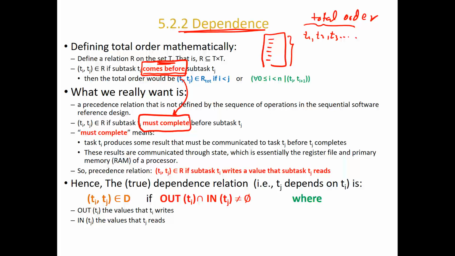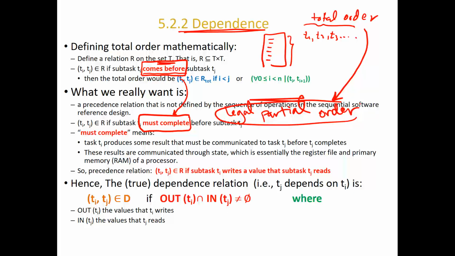If I change the relationship, then I will change the total order to a sort of partial order, or as your textbook referred to it, a legal partial order, and that order will help me discover parallelism. So we are changing the relationship between instructions from "comes before", which means as they are listed in the code, to "must complete before", which means a true dependency.